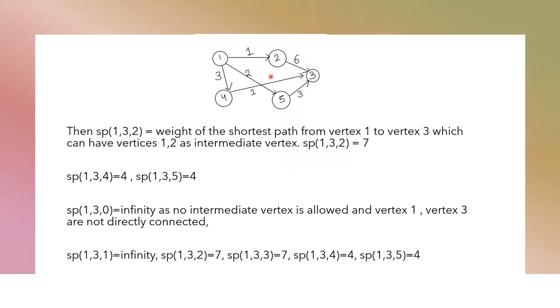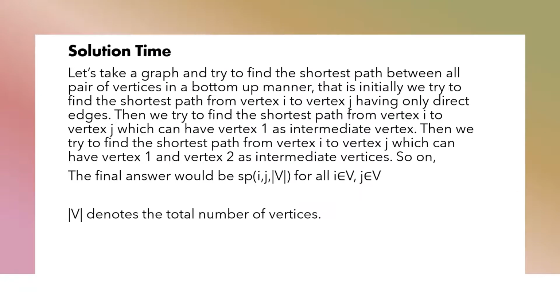Moving forward, let's analyze this algorithm a little differently and devise the whole method thoroughly. Let's take a graph and try to find the shortest path between all pairs of vertices in a bottom-up manner. Initially, we find the shortest path from vertex i to j having only direct edges.